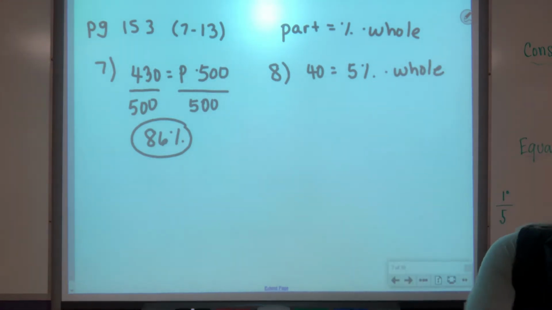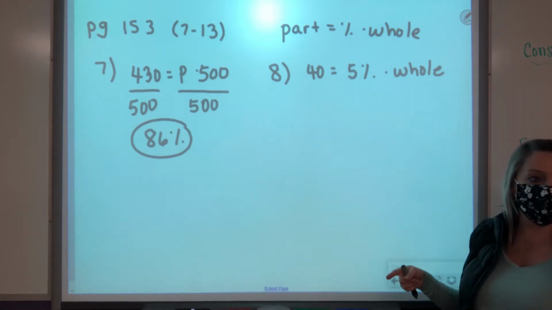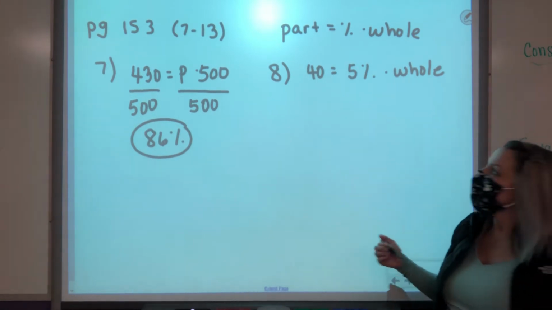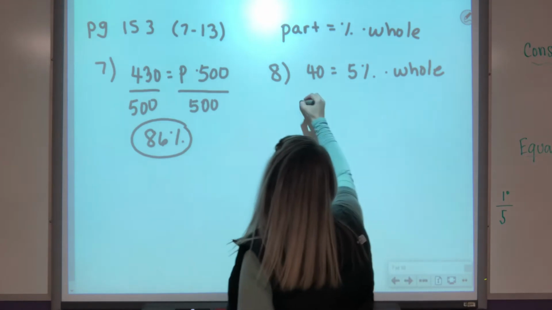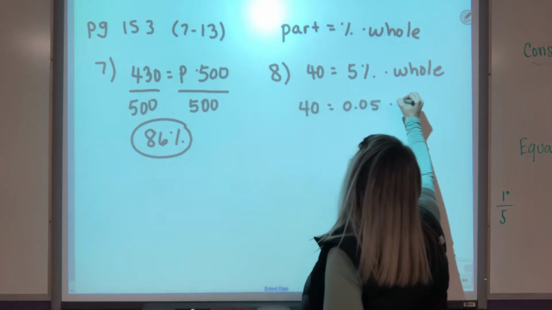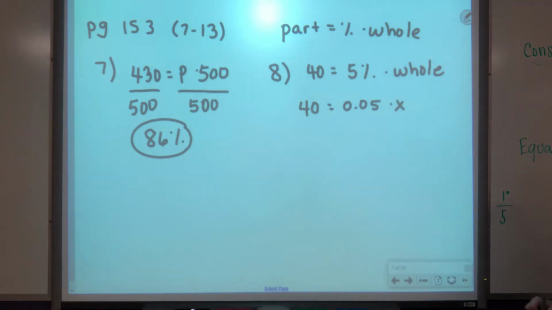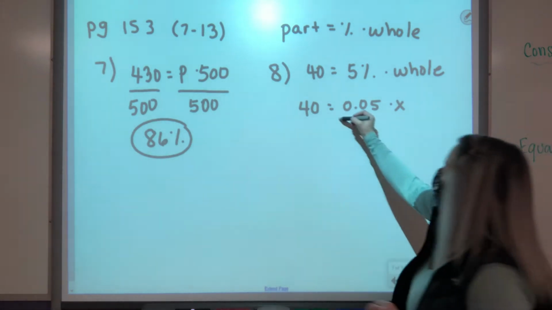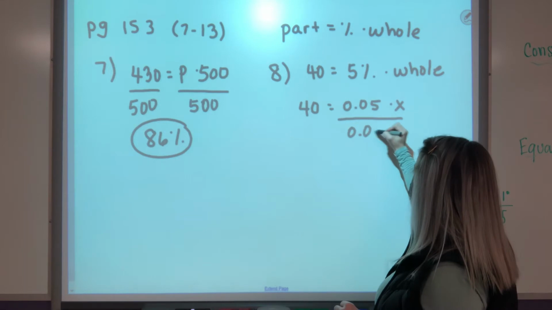Can I just divide 5 by both sides here and get 8? So there's 8 total readers? No. I have to take that 5% and I need to turn it into a decimal. So I divide both sides by 0.05.